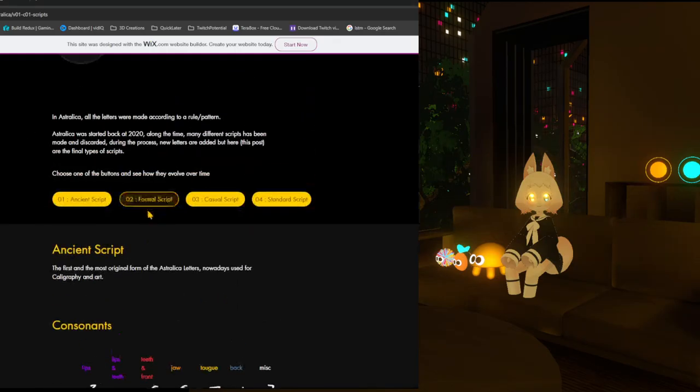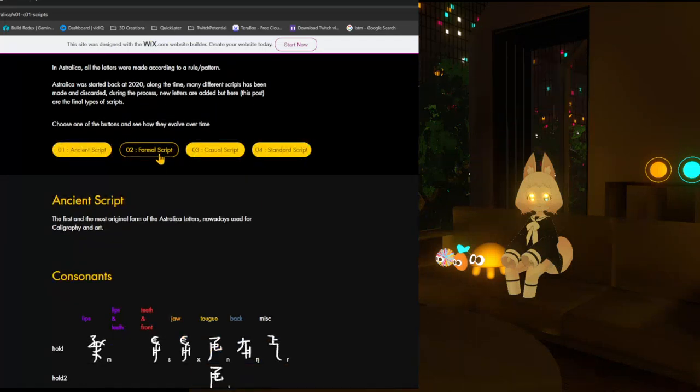so this is why we have the other scripts. The other scripts are technically the simplified version of the previous one. Formal script is the simplified version of ancient, casual is the simplified version of formal, standard is the simplified version of casual.